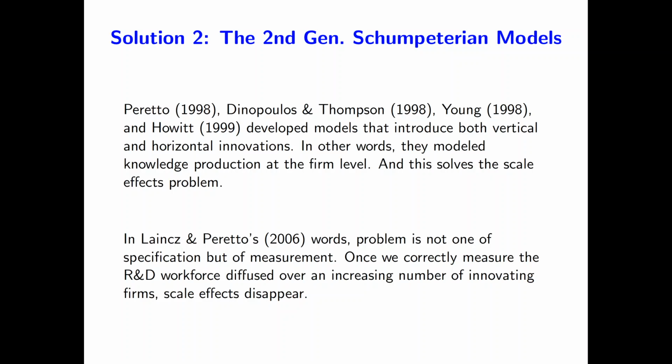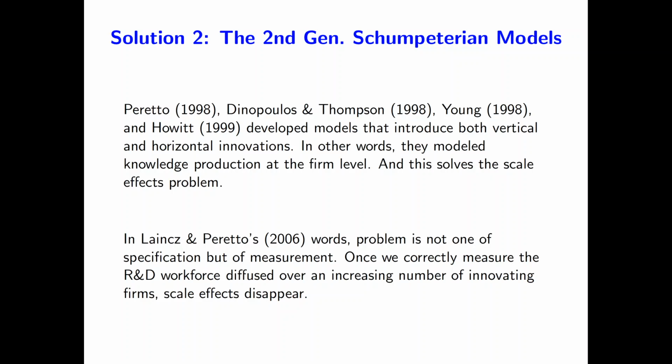But anyway, these models introduce not only vertical innovations but also horizontal innovations. All right, so they created this two-dimensional landscape of technological progress, and they modeled knowledge production at the firm level or the sector level. Okay, and it's basically this property that solves the scale effects problem.